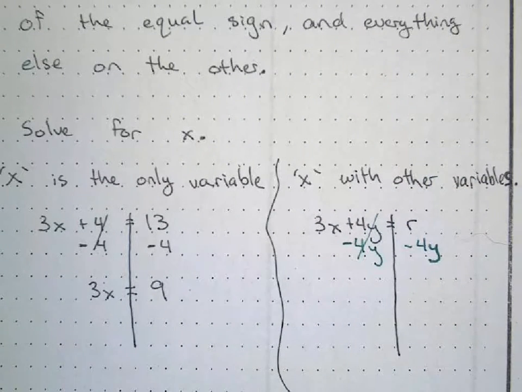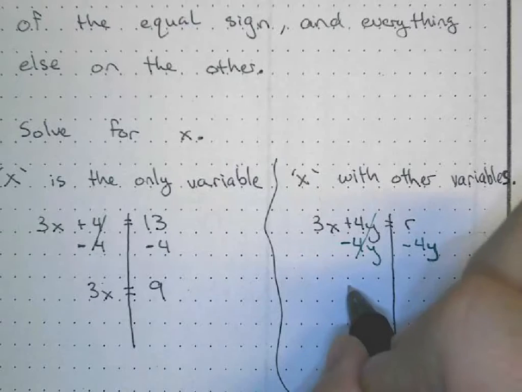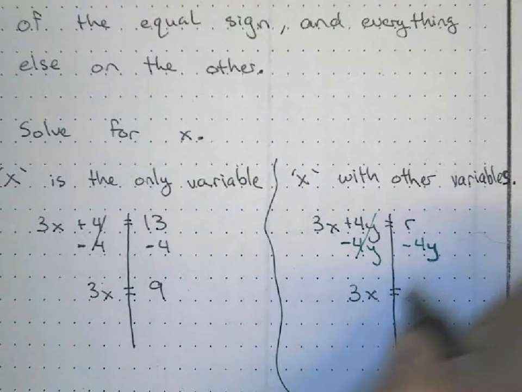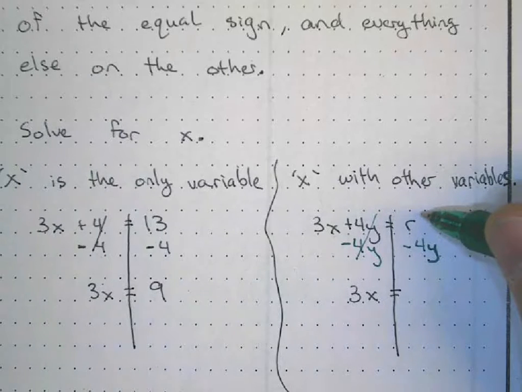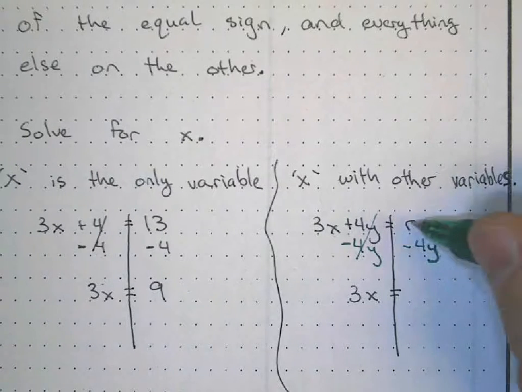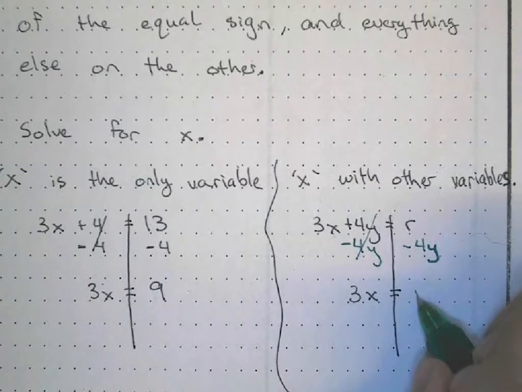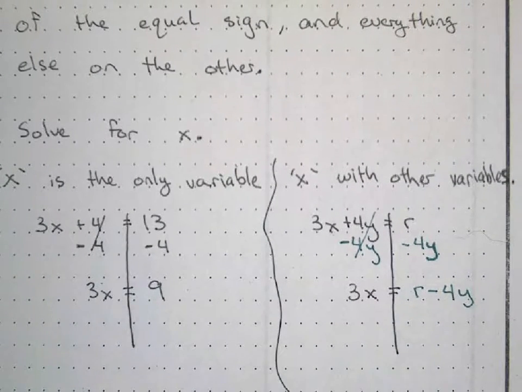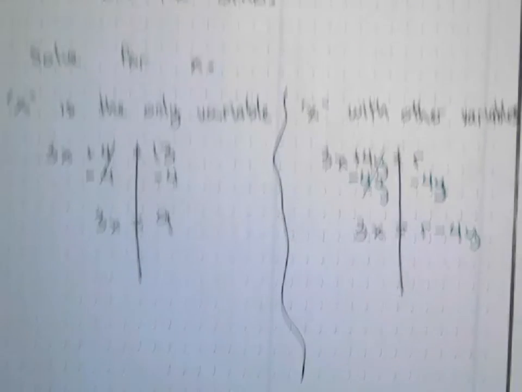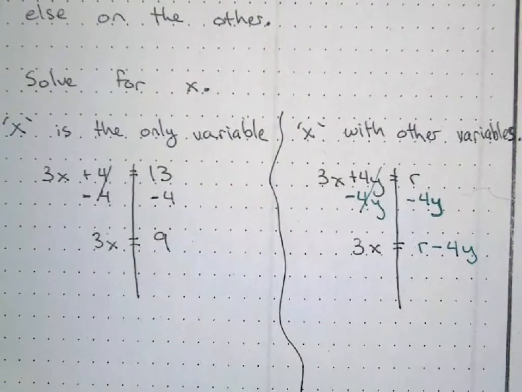These will cancel. I'm going to bring my 3x down, bring my equal sign down. And on this side now, I can't combine these. This is an r and this is a negative 4y. These are not like terms. So I'll have r minus 4y.